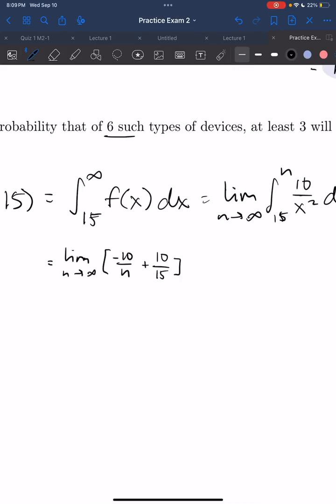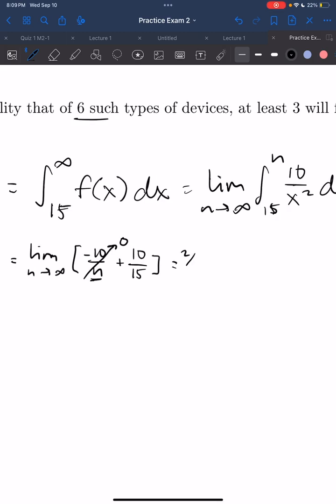As n goes to infinity, the denominator gets really large, so this goes to 0. And that just leaves us with 10 over 15, which is the same as 2 over 3.